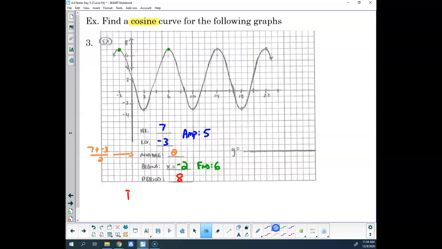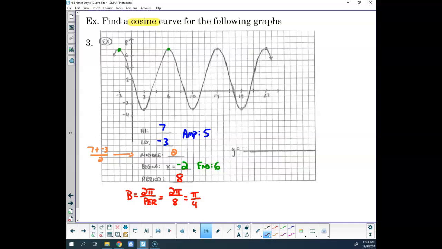So B is going to be 2 pi divided by my period. 2 pi divided by 8 is pi over 4. Yes? A, B, C, and D. Yep, got them all.